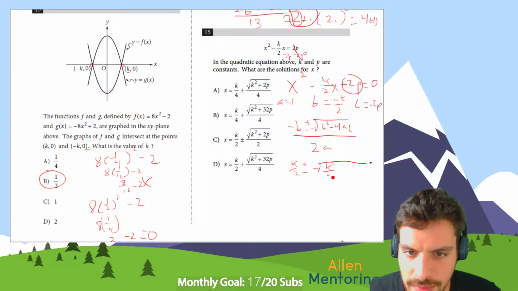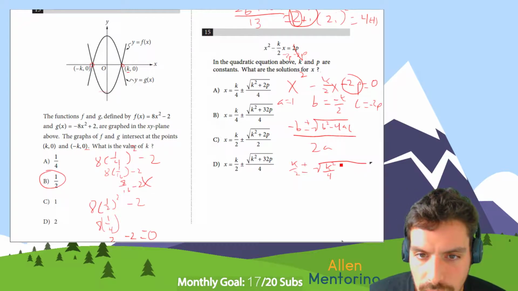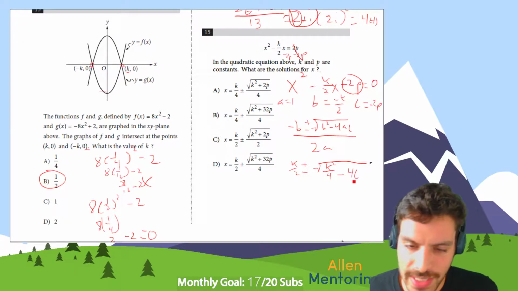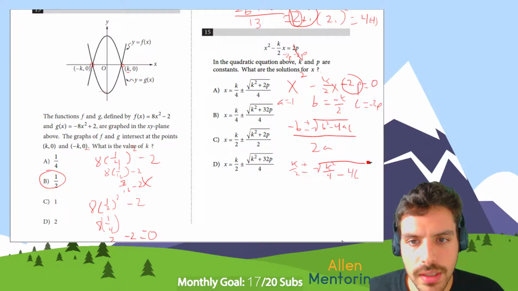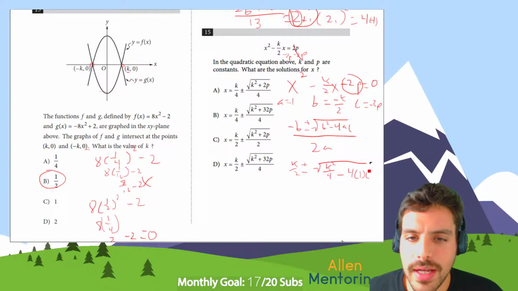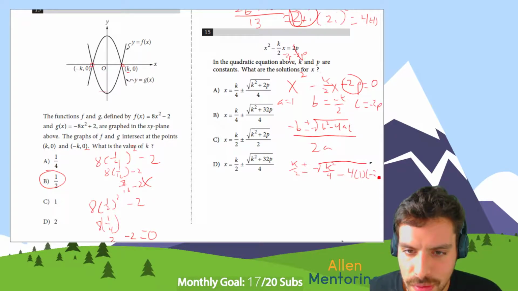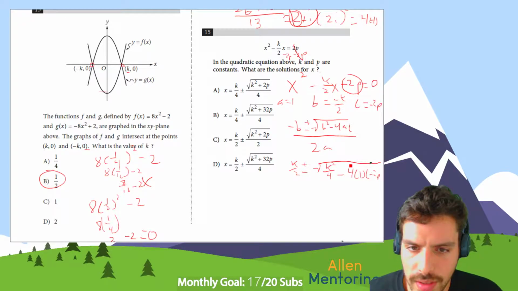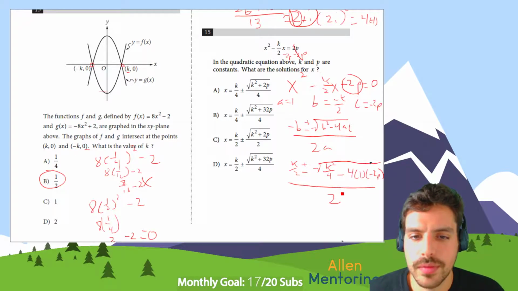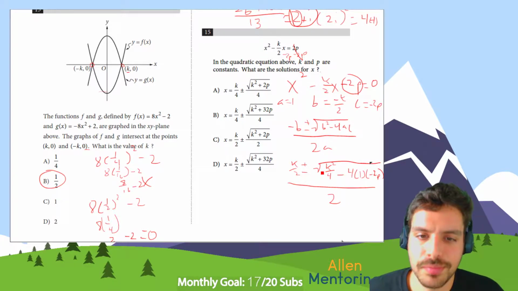Because negative times negative is positive. Minus 4 times 1. I won't even write that, right? Because 1 times anything is just itself. 4 times 1, fine, I will write it. Negative 4ac times negative 2p. That's a 2. All over 2 times 1, which is just 2.